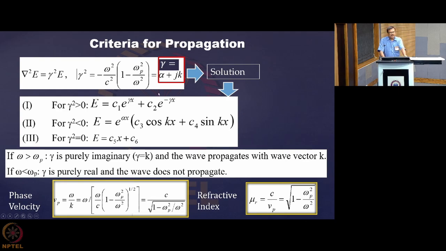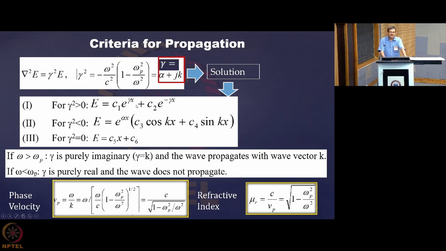When gamma square is greater than 0, you are getting a real quantity gamma, and then you are getting a solution of the kind C1 e to the power gamma x plus C2 e to the power minus gamma x, and you know that one of these you have to neglect, because otherwise it will keep on growing.